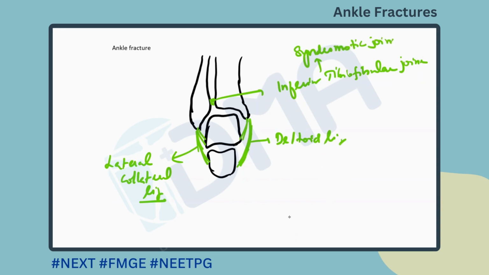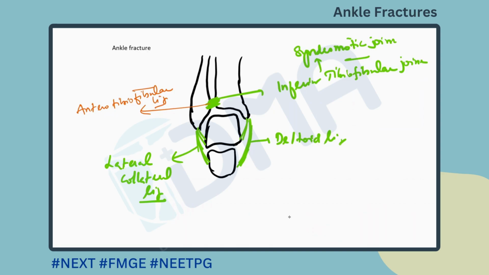What is meant by syndesmosis? The two bones are held by fibrous tissue, that is, by ligaments alone. There is nothing else there, only ligaments. One important ligament seen here anteriorly is called the anterior tibiofibular ligament.